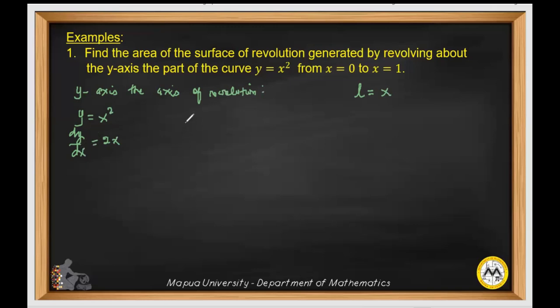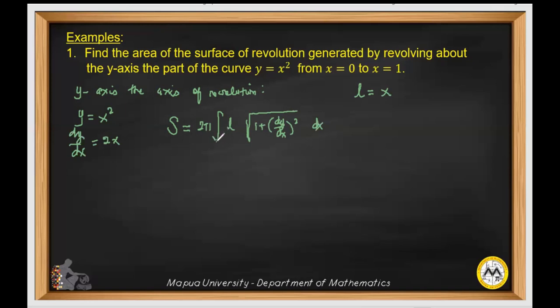And since we will determine the area of surface of revolution, since we have y as a function of x, it is 2 pi times the integral of L times the square root of 1 plus the square of the derivative of y with respect to x, dx.